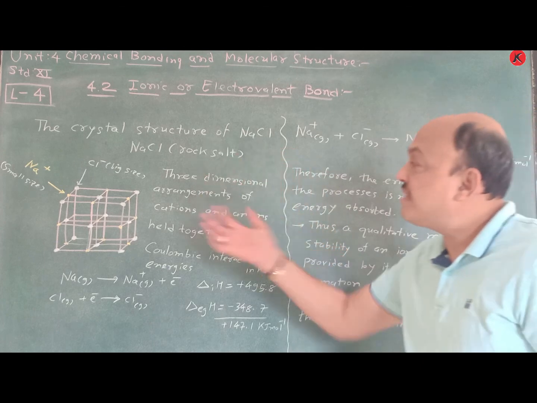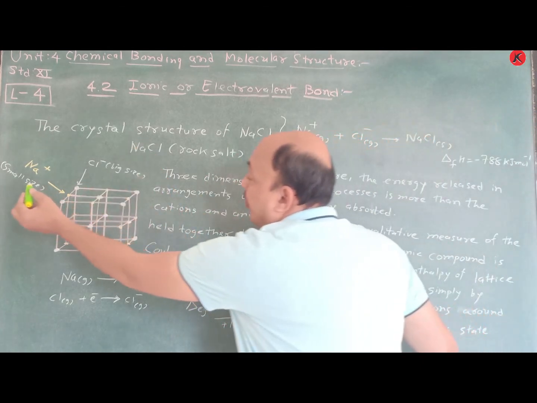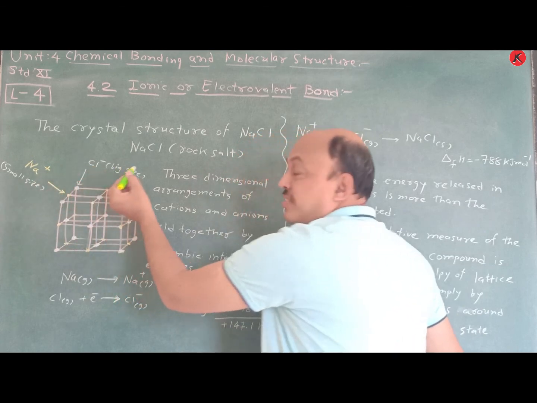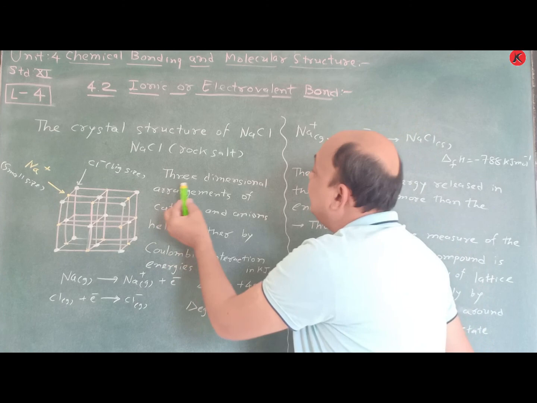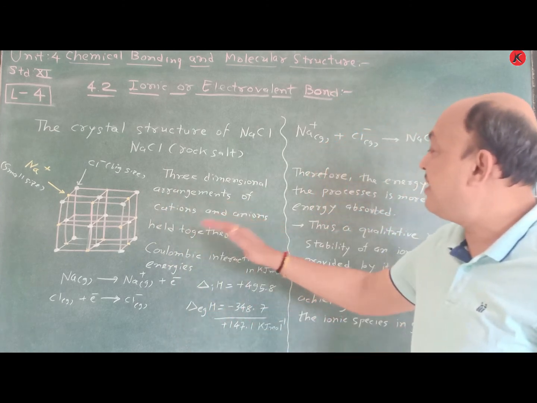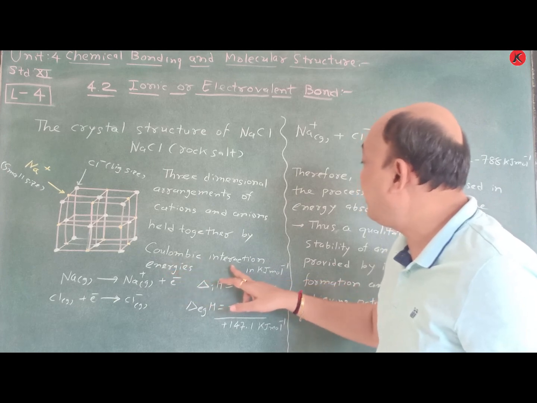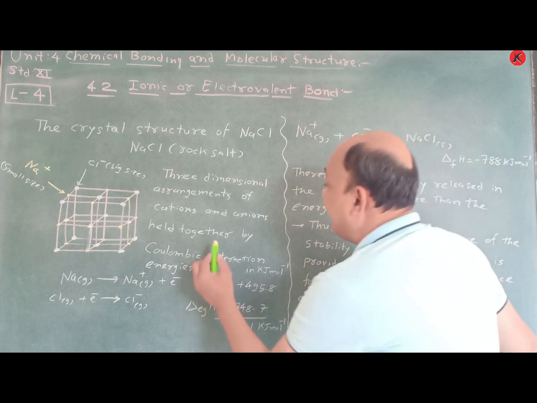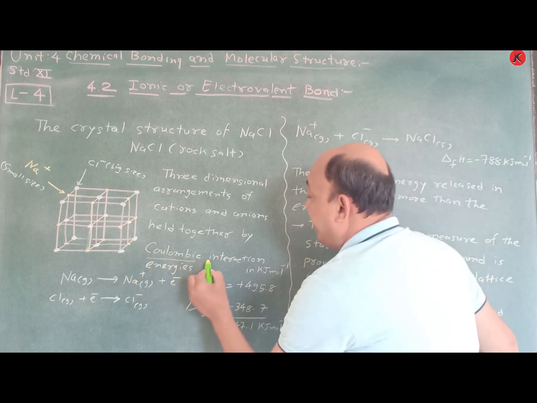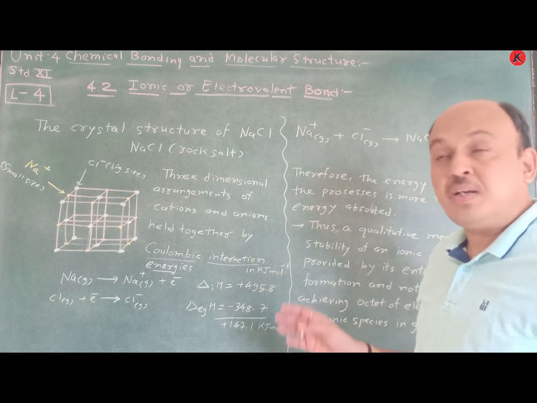In NaCl we have to see Na plus, which is small in size, and Cl minus, which is big in size, and we consider a three-dimensional arrangement of cations and anions held together by Coulombic interaction. Remember this, Coulombic interaction energies. This is very important. Coulombic interaction energies, and this value is in kilojoule per mole.